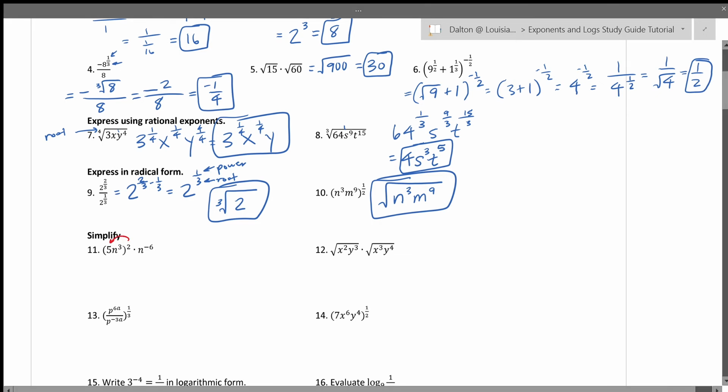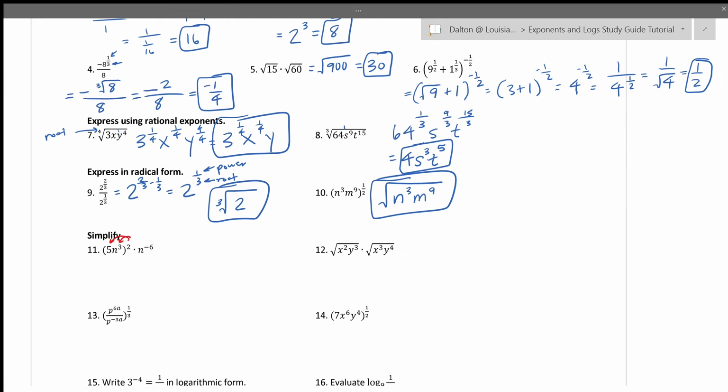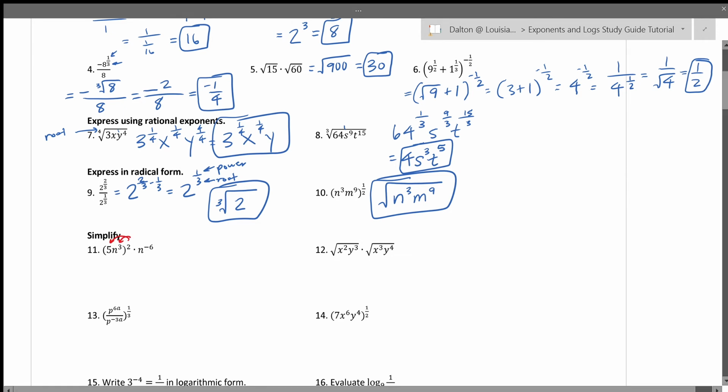It applies to 5 and to n cubed. So this is going to end up being 5 squared times n to the, when we multiply 3 times 2, the 6th power. So 5 squared times n to the 6 times n to the negative 6.